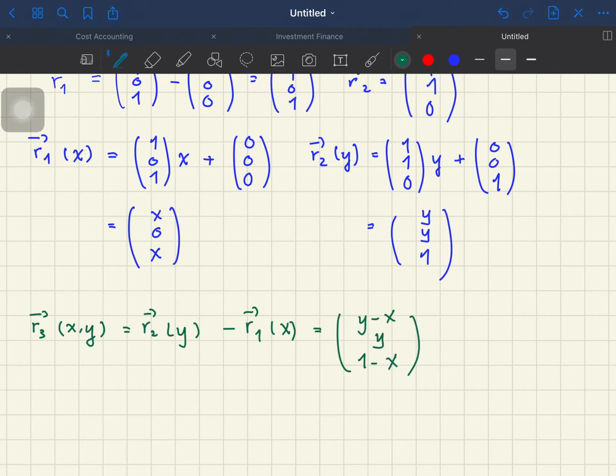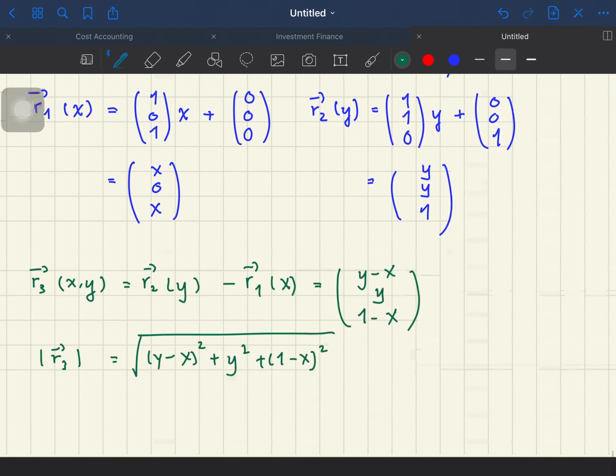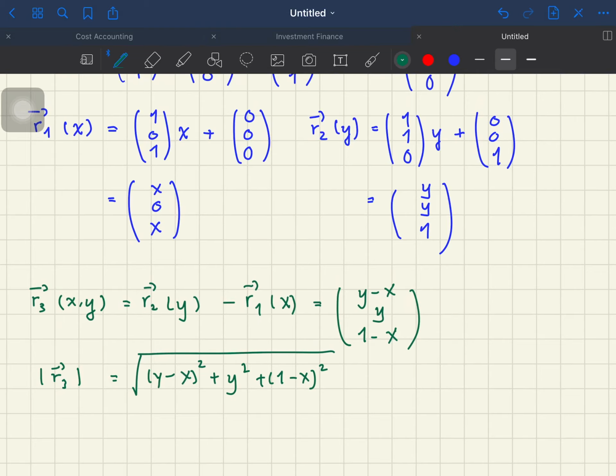So how? We know that the distance of R3 itself is nothing but the square root of (y minus x) squared plus y squared, and then plus the entire expression (1 minus x) squared, which is this one. And then we can simply write the distance as d in this case, for convenience.